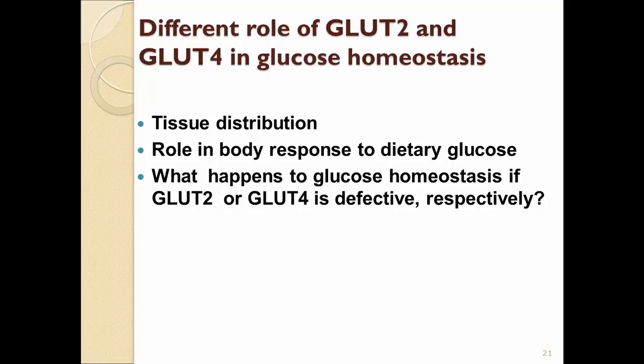Because GLUT4 action depends on insulin, that will also affect GLUT4 activities eventually. So even if you have high levels of GLUT4 expression in the muscle and adipose tissue, the function is low because of lower insulin levels, right?